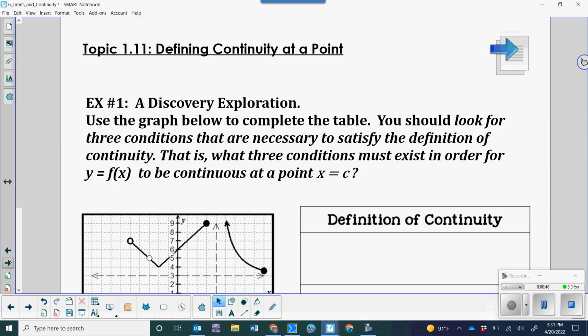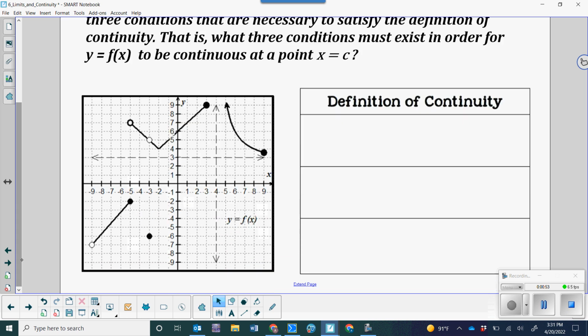So looking at a graph here, and just looking at what's probably needing to be true to define something to be continuous. So let's look at the graph and talk about what things that we know have to be true.